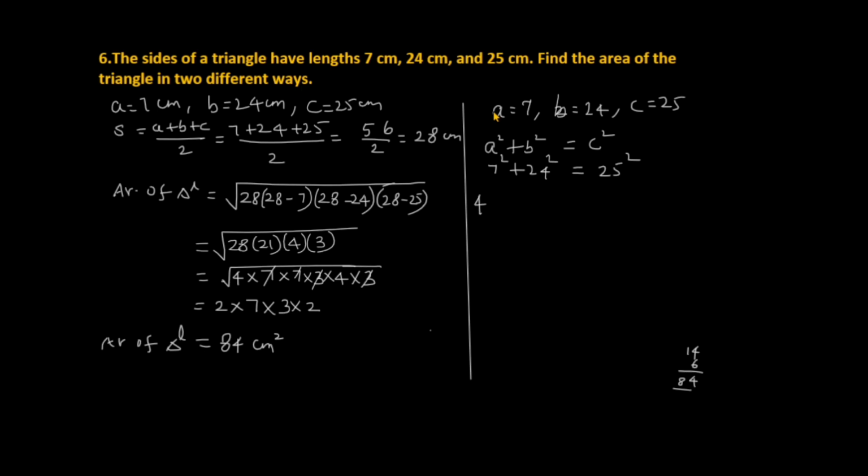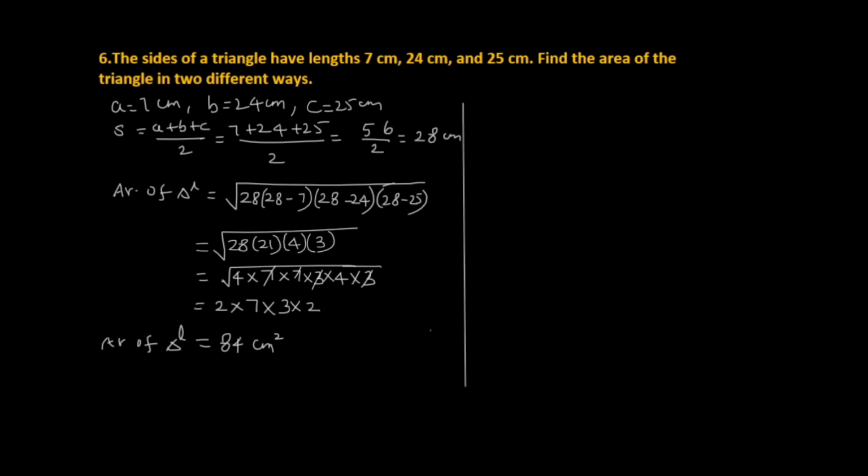We have to check. 7 7s are 49. 24 squared, 24 into 24, is 576. 25 squared, so 25 into 25, 5 5s are 25, 2 into 6, 625. You have to remember all the numbers, otherwise multiply like this. So adding this, 5, remaining 1 5.